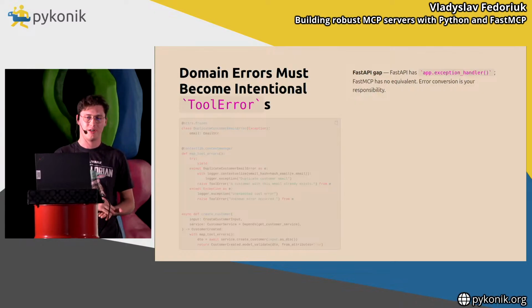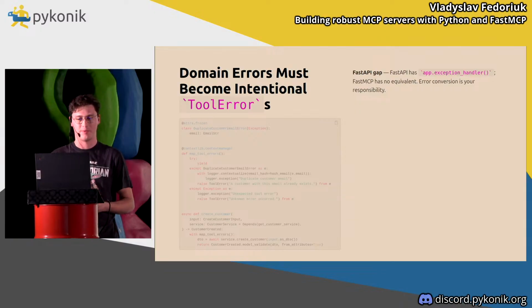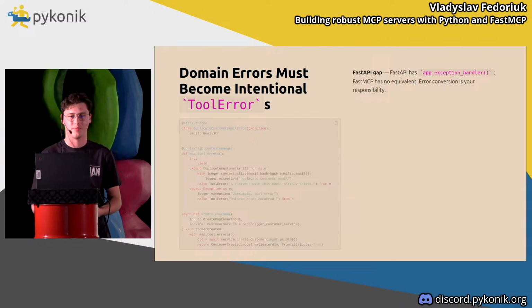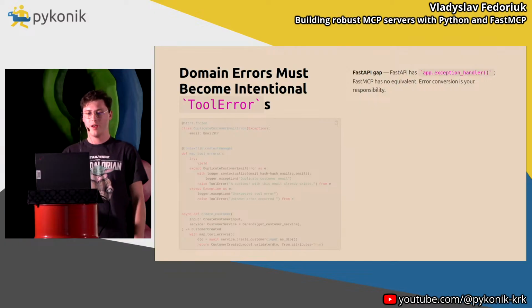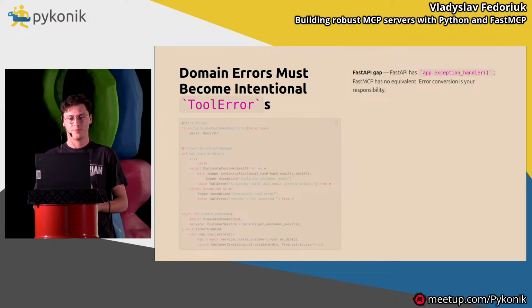When it comes to error handling, there is, to my mind, a significant gap. For example, when working with FastAPI, we have the exception handler decorator, and FastMCP doesn't have that, so you would need to come up with your own.